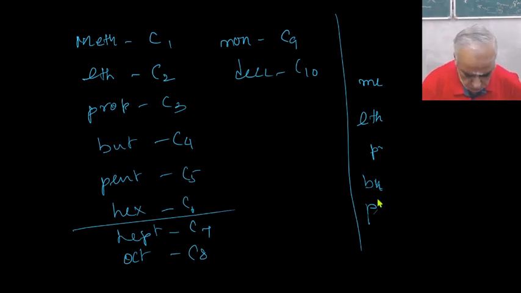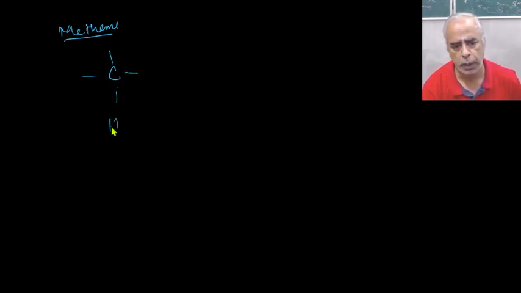Now let us consider these alkanes particularly. We will try to write down the structures also. Let me consider methane. Here I have only one carbon, so I need to provide 4 valencies. Fill up with 4 hydrogens. Then you can call it methane, that is CH4.